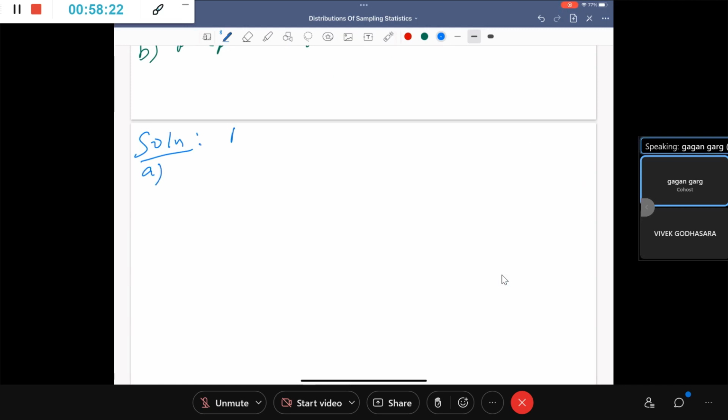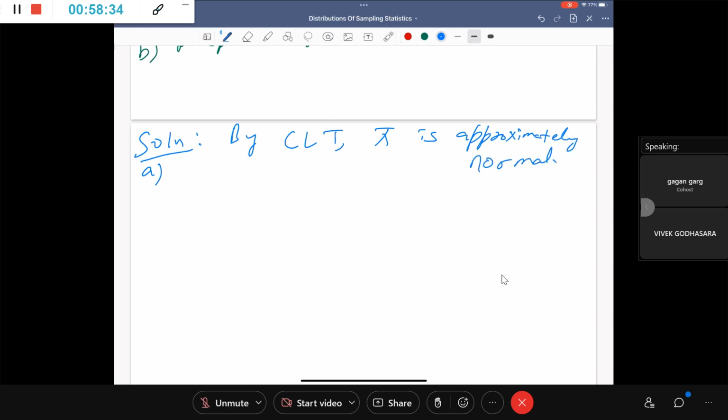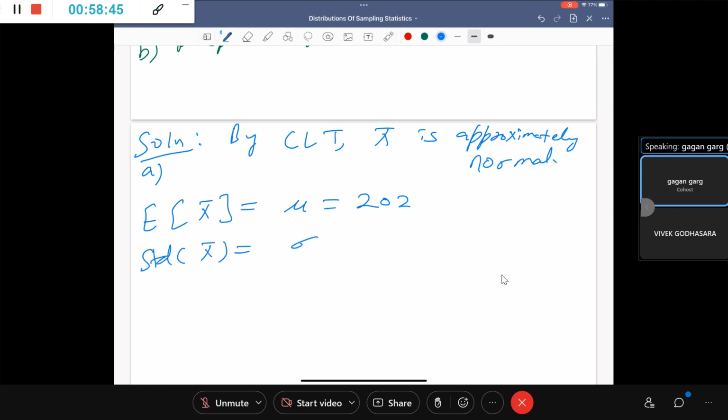Yes. So by central limit theorem, x bar is approximately normal. Okay, so expected value of x bar is equal to mu, which is 202, and standard deviation of x bar is equal to sigma by root n, which is 14 by root 36, 7 by 3.